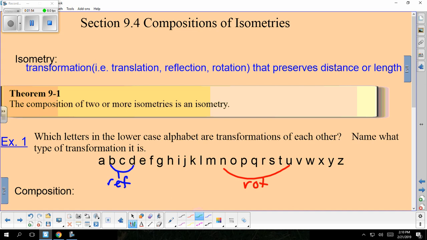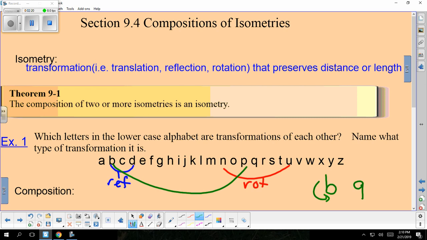What if I look at B and P? Will a reflection work? Not quite. Will a rotation work? No. Let's see. What if I took B and rotated it counterclockwise, end up like this, right?